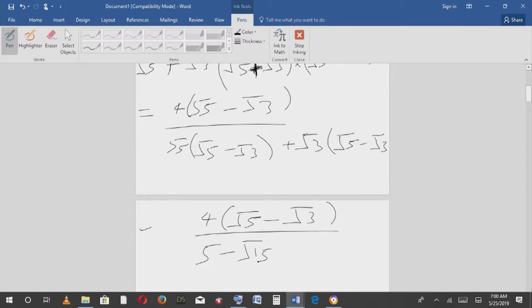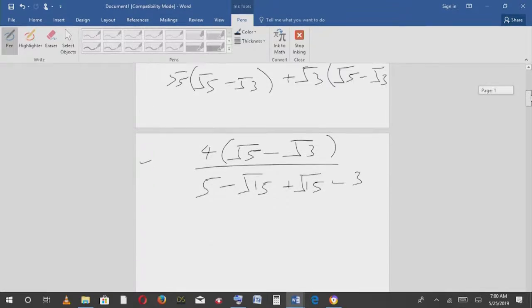How? 3 times 5 gives us 15, or 5 times 3 gives us 15. And also plus, we say plus because we are multiplying plus root of 3. So root 3 multiplied by root 5 gives us plus root 15. Plus times minus gives us minus, and root 3 multiplied by root 3 gives us 3.